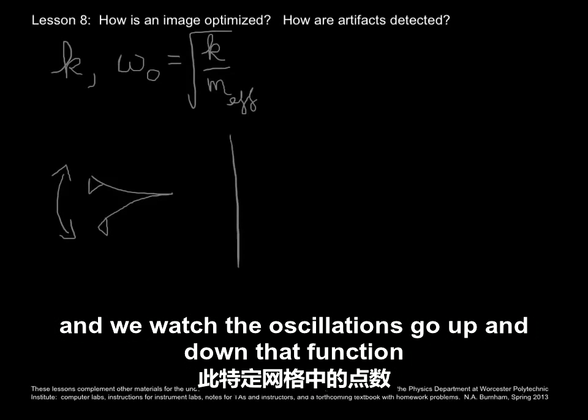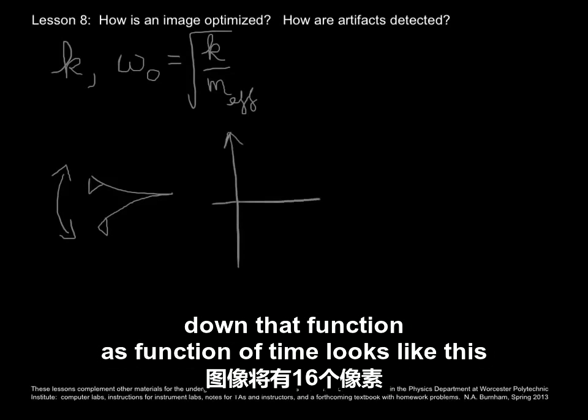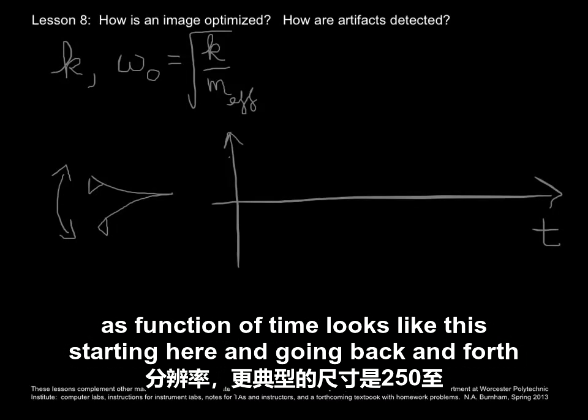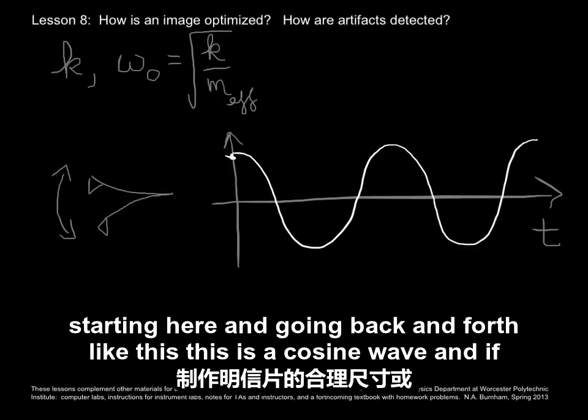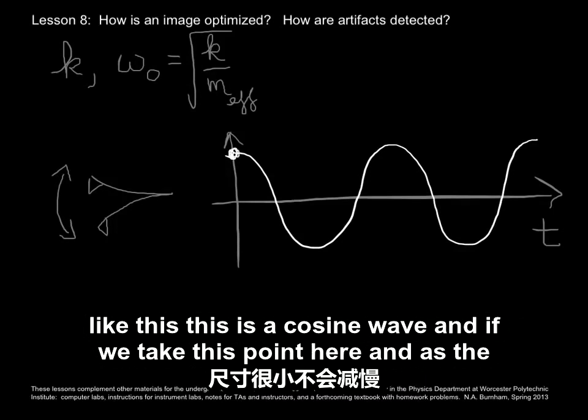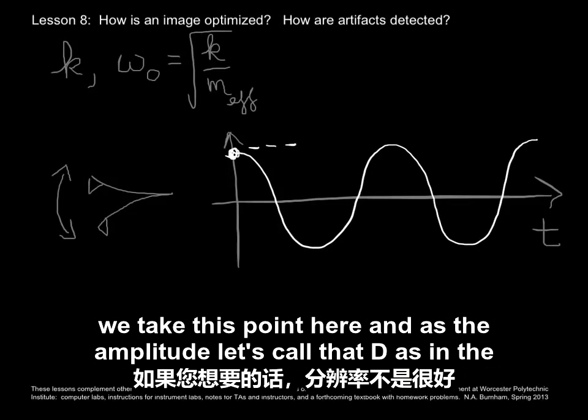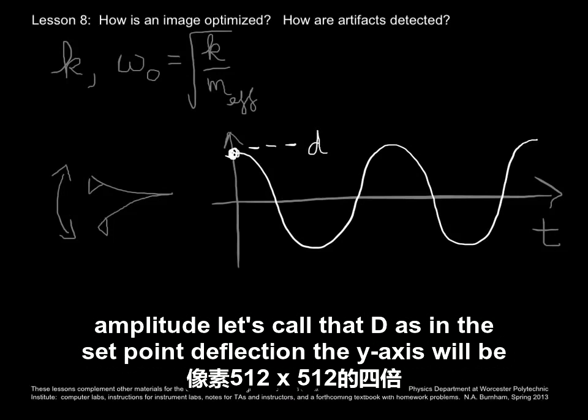That function, as a function of time, looks like this, starting here and going back and forth like this. This is a cosine wave, and if we take this point here as the amplitude, let's call that d, as in the set point deflection.